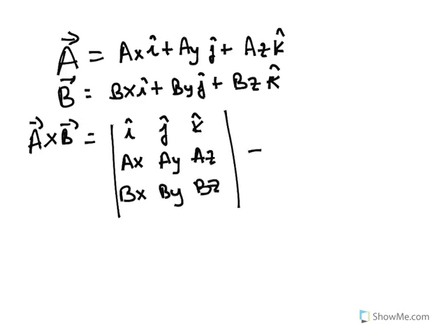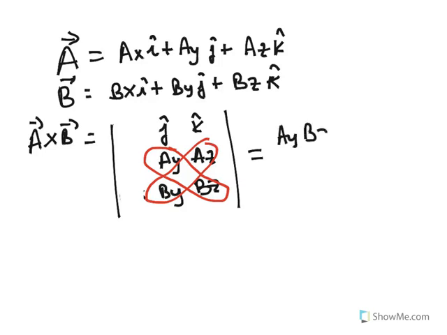The first thing that you are going to generate is the i component, such that you are going to block whatever has to do with i, right? And then you are going to state the product between these components, such that this is going to be AyBz minus ByAz, and that's the i component.